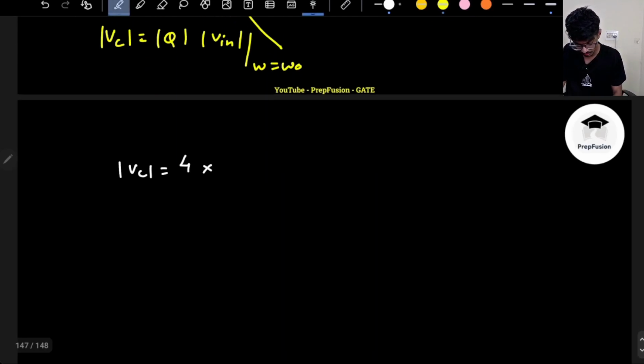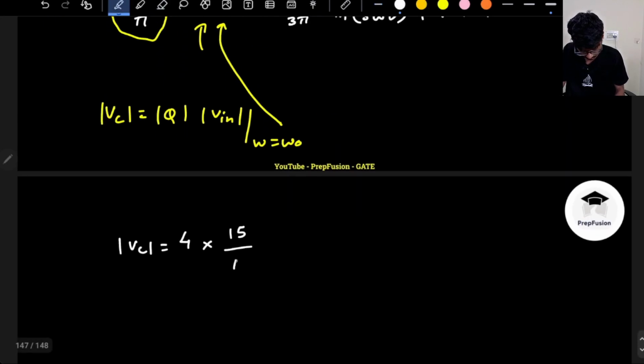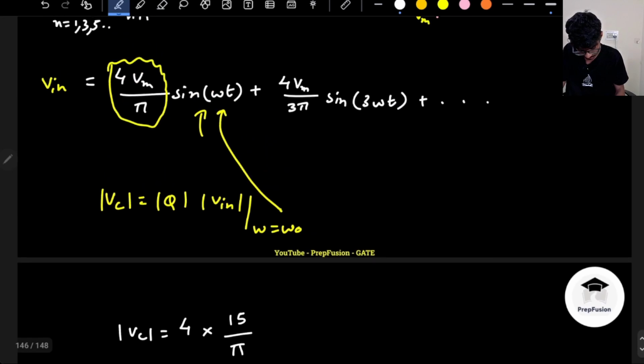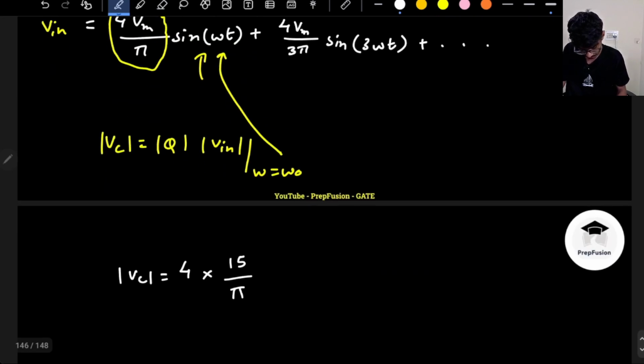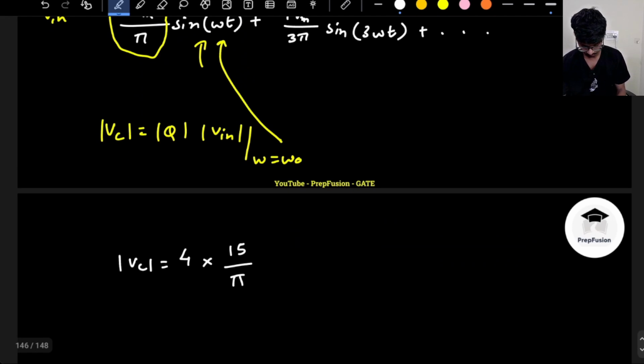So this will be 4 into 15 divide by pi, and this is 60 by pi, into 10 of course is there, quality factor is there. So this is 600 divided by pi.